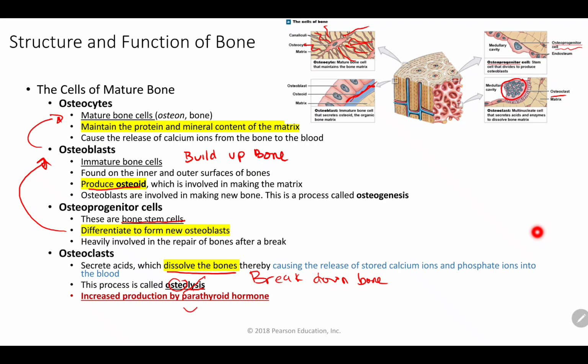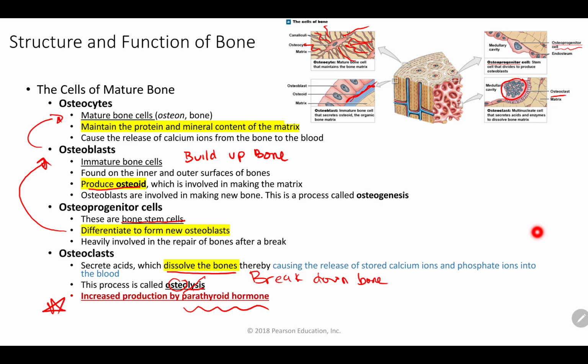So that brings us to the parathyroid hormone. Remember this, okay? Because parathyroid hormone is going to be produced by the parathyroid gland that's located on the posterior side of the thyroid gland. Parathyroid hormone is going to be released in response to a low blood calcium level.